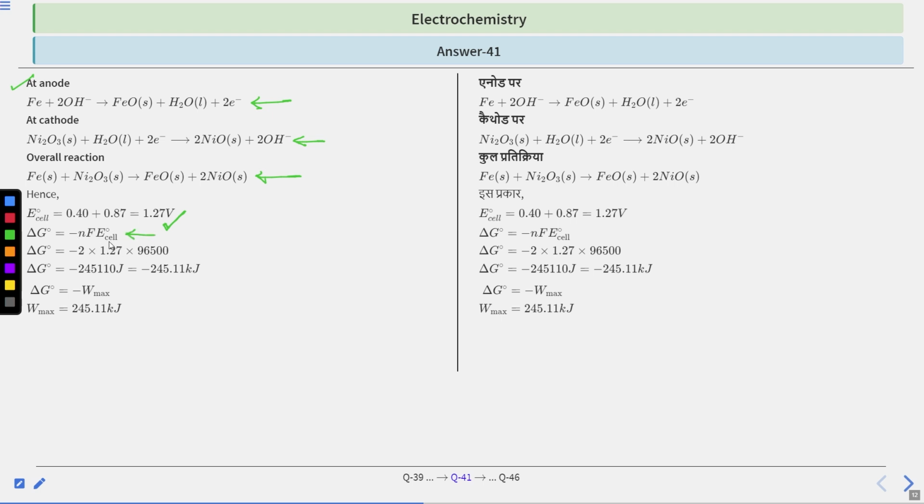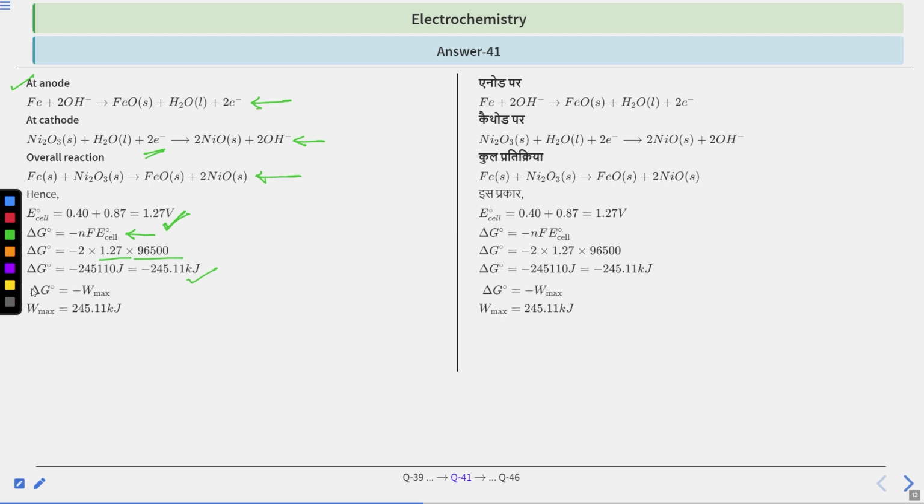Now delta G naught is equal to minus nF E naught of cell. This we know, right? This is the relationship between delta G and E naught of cell. So delta G naught we can write as minus n, which is 2. So 2 times F, which is 96500, times E naught of cell, which comes out as 1.27. We take the multiplication and it comes out as minus 245,110 joule. We can write it as 245.11 kilojoule.